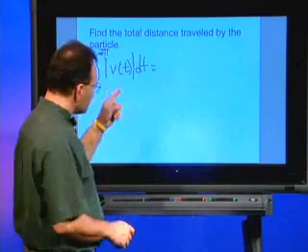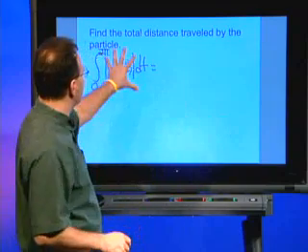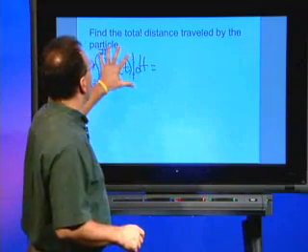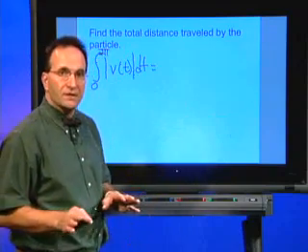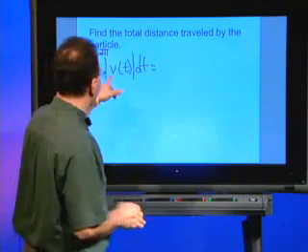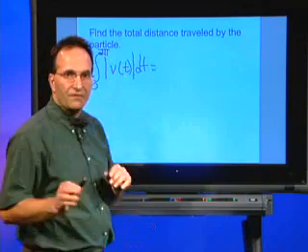So what we're going to do is divide this integral up into pieces. And remember that what we're integrating is the velocity, which of course is the 5 cosine t.